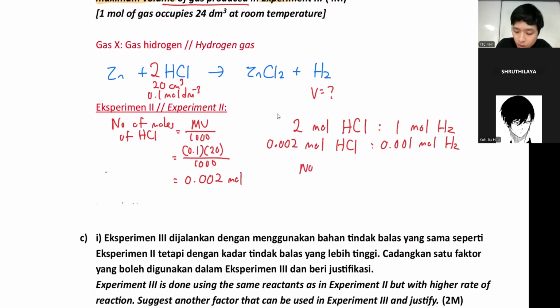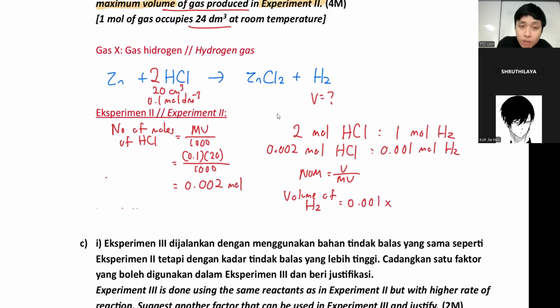Then because number of mole equals volume over molar volume, if you want to get volume, means number of mole multiply molar volume. So number of mole is 0.001. Molar volume given on top, 24.